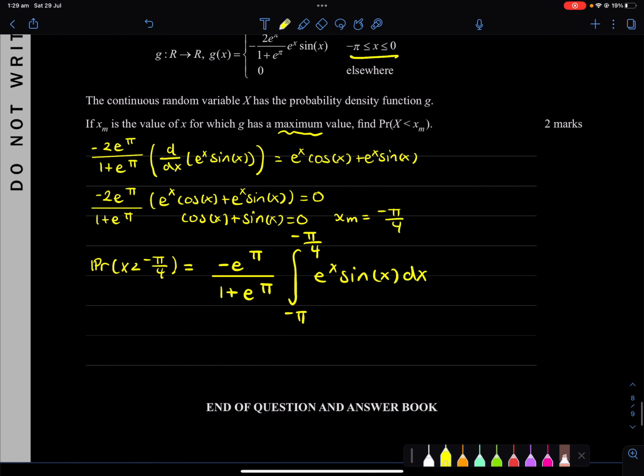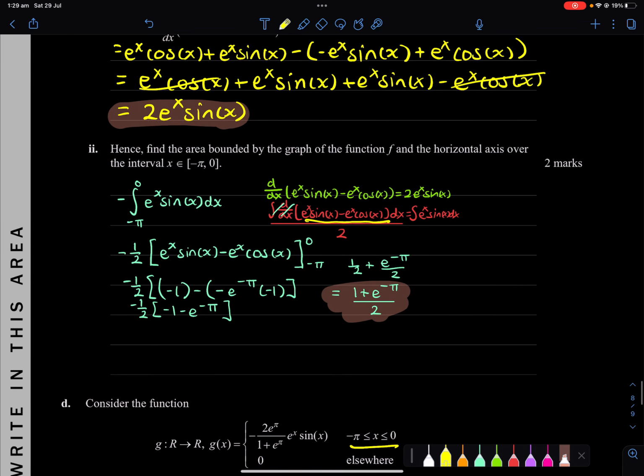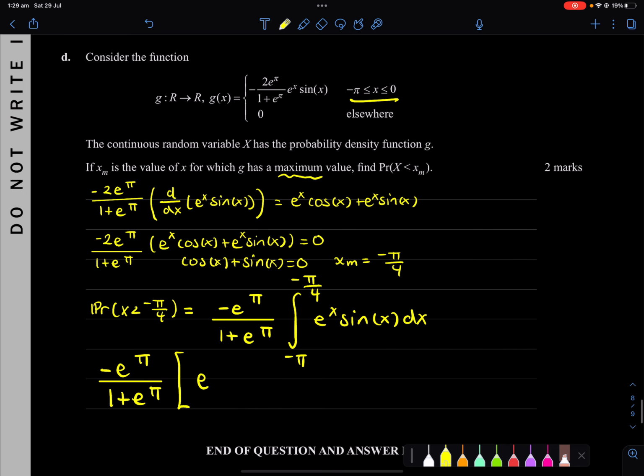So we can say negative e pi all over 1 plus e pi, all over e^x sin x minus e^x cos x, from negative pi over 4 to negative pi.